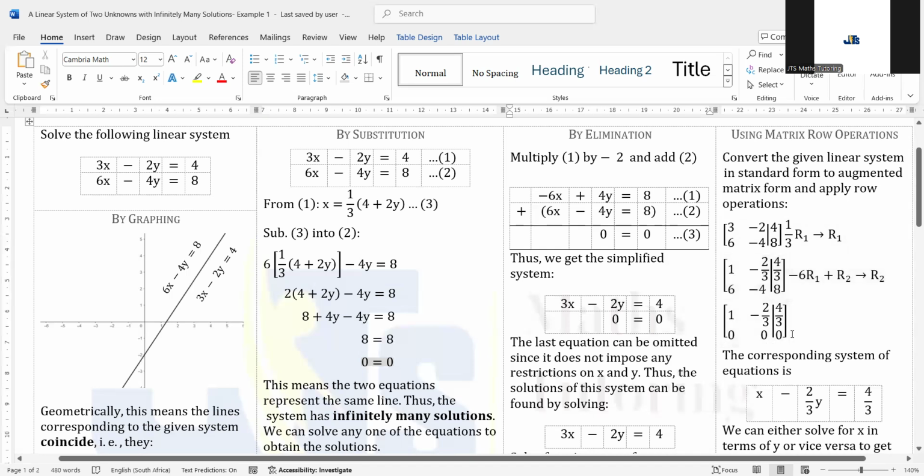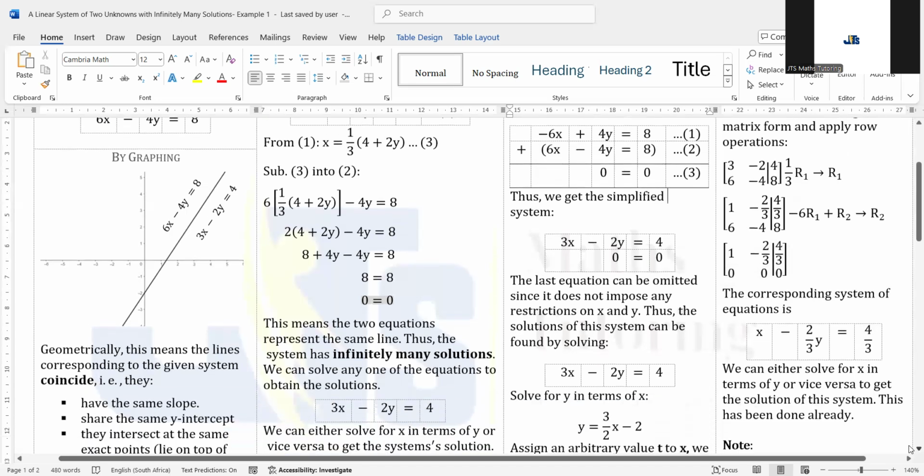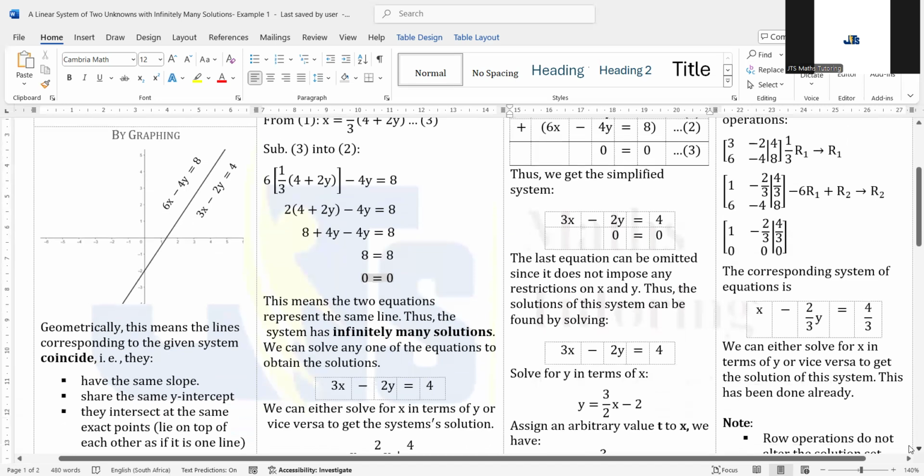You see, it's taking me to exactly what we had earlier on. So this is not imposing any restriction there. We can omit it. Now, the corresponding system from this is what you're seeing here. All right. So we can either solve for x in terms of y or vice versa to get the solution. We have already done that.